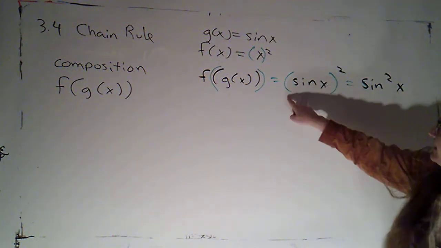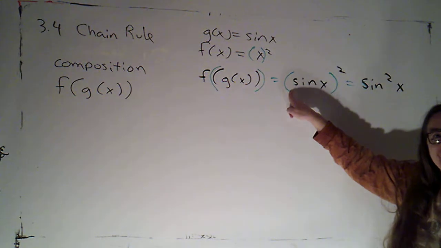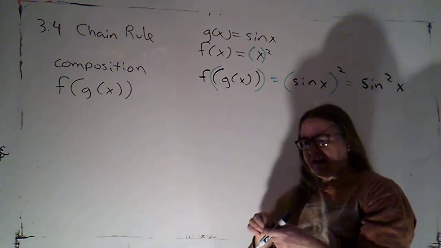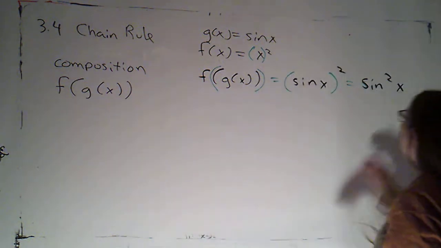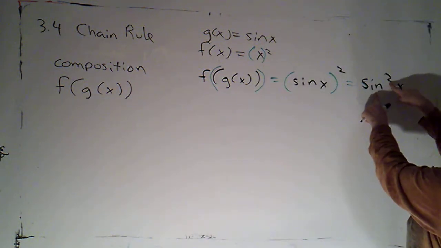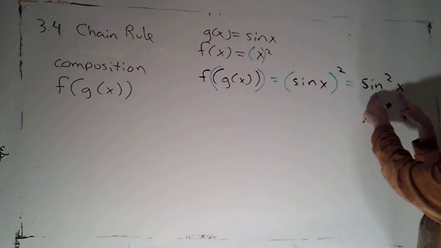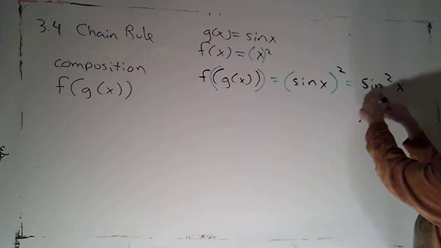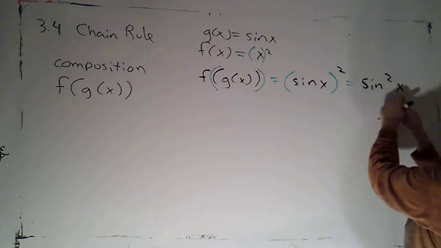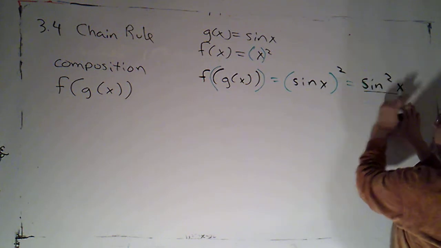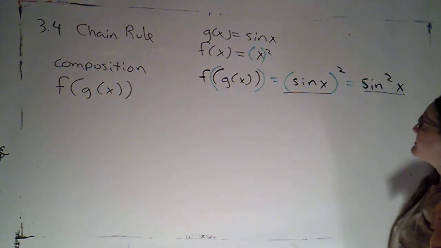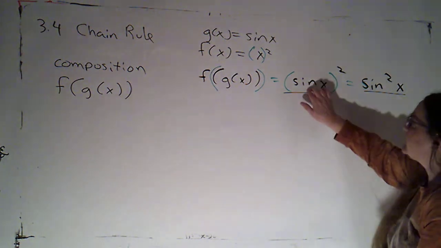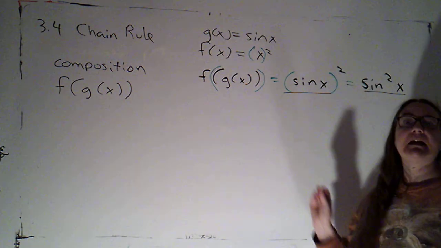That way we don't have to write the parentheses, because if you're writing things a lot, it's easy to accidentally drop the parentheses. Notice the exponent comes after the sine, so we are not squaring x, we are squaring sine of x. And some of you may find it helpful to rewrite this as sine of x quantity squared. That just makes it a little bit easier to see that sine of x is the inside part, which is our g of x.